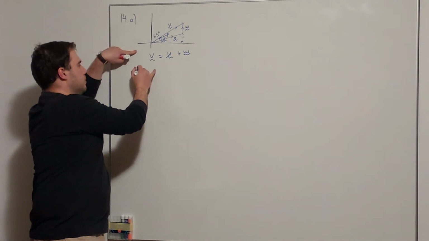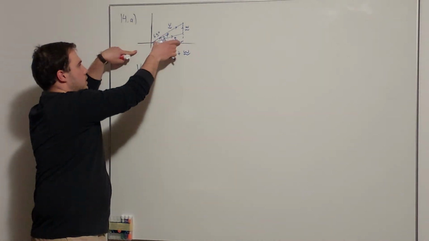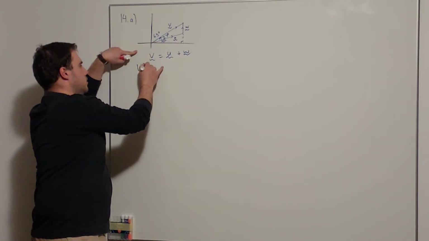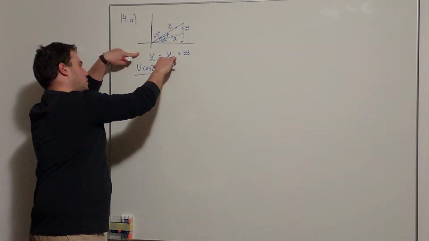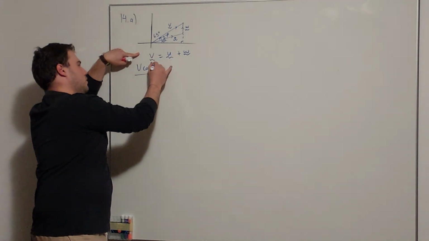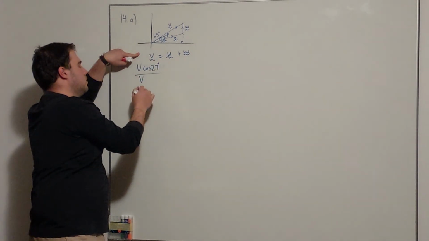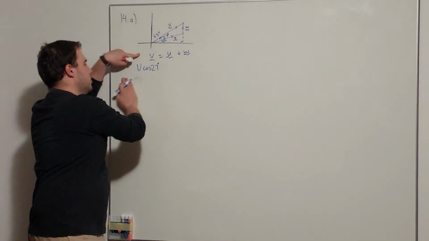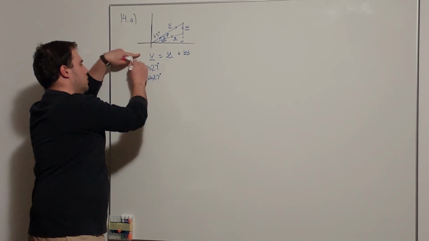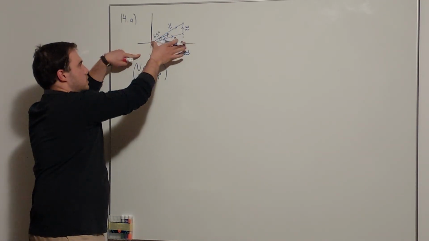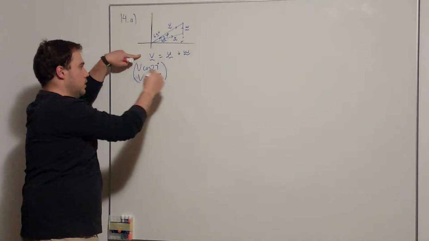We're going to have V cos 27 degrees, and V sine 27 degrees for the going over there.